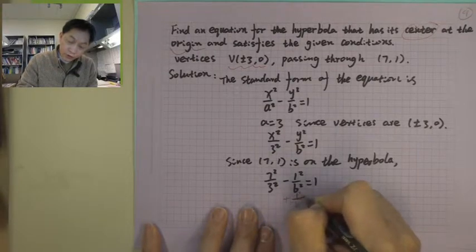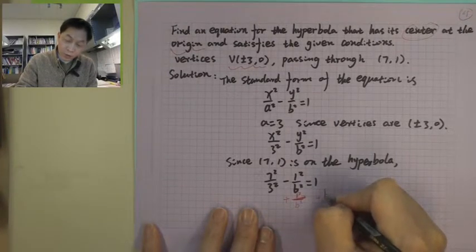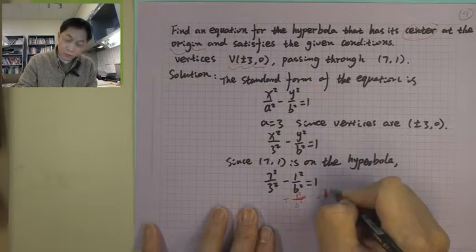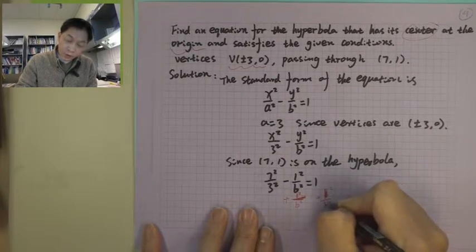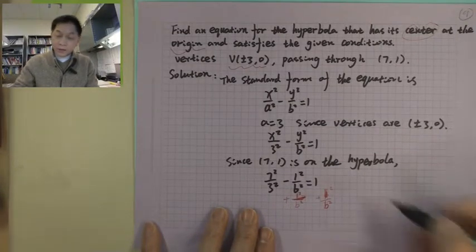To get rid of the term on the left, we add 1 squared over b squared on both sides. So what do you get?